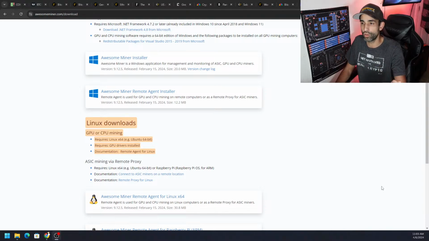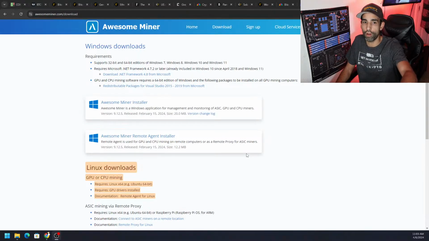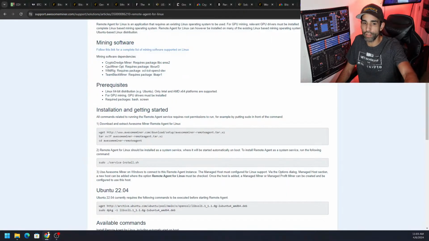But to answer your question in the live chat, you got to download the Linux version or the remote agent for Awesome Miner on your Hiveon system, right? And I'm gonna drop the link in the live chat. But basically, here are your commands right here. So wget, just like you would with any other miner, like LOLMiner, Team or whatever.